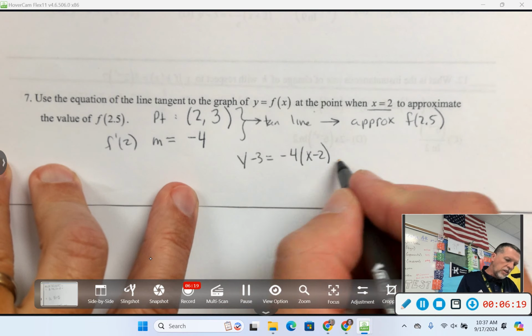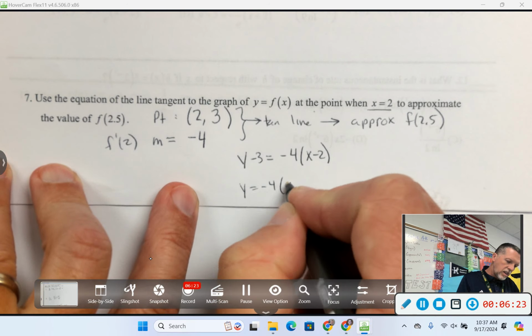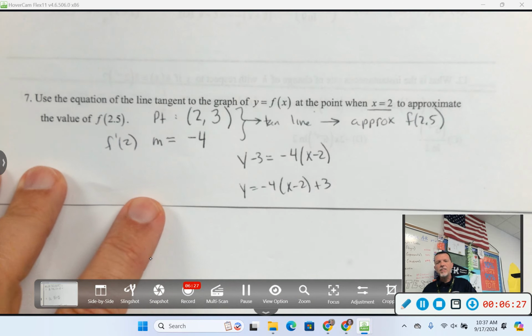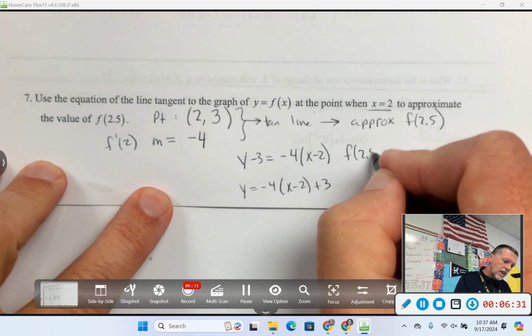So if I move the 3 over, then my tangent line I can use as an approximation for f of 2.5.